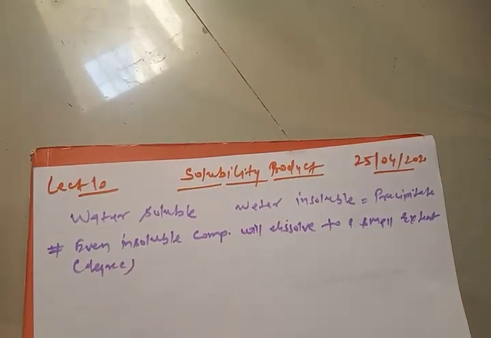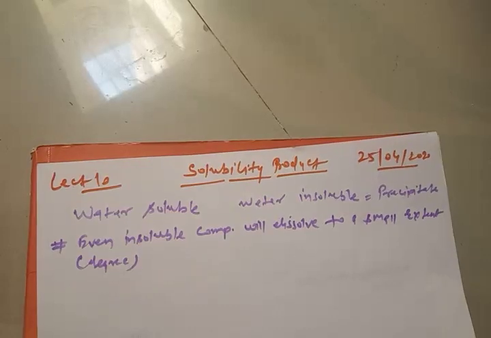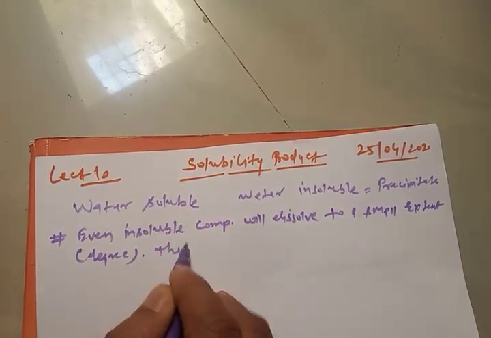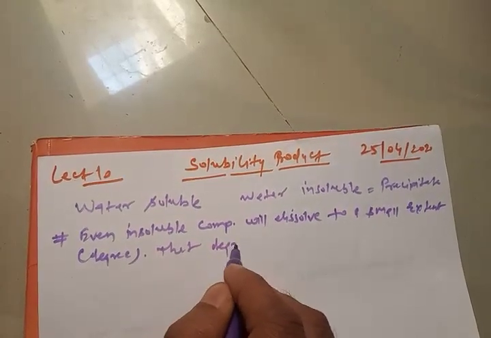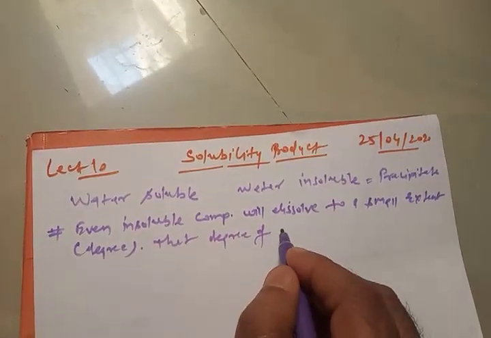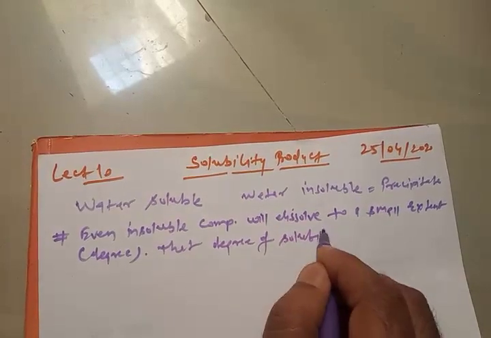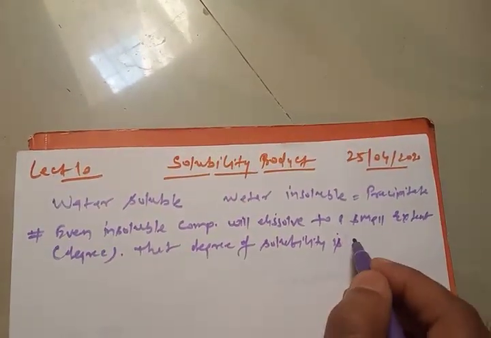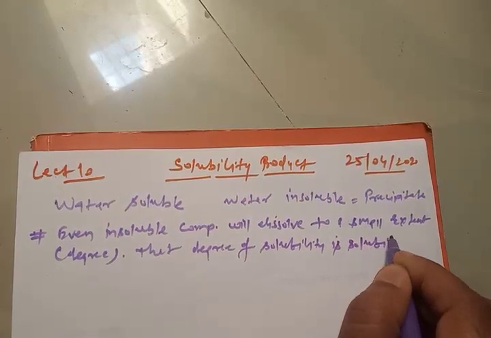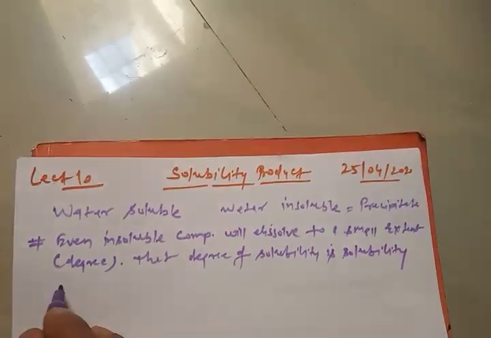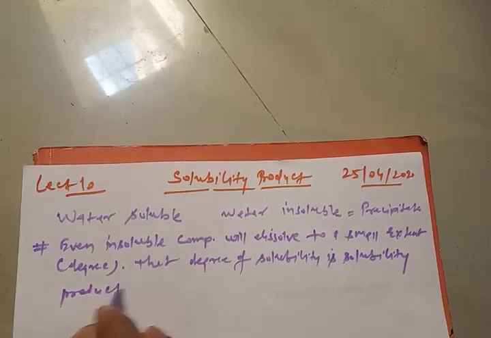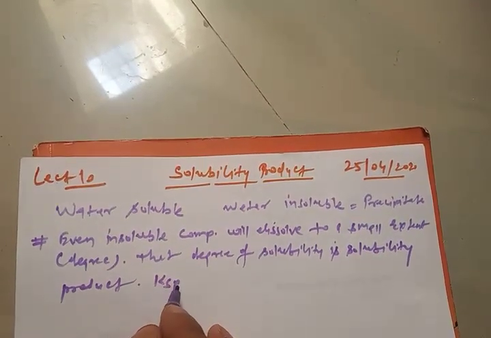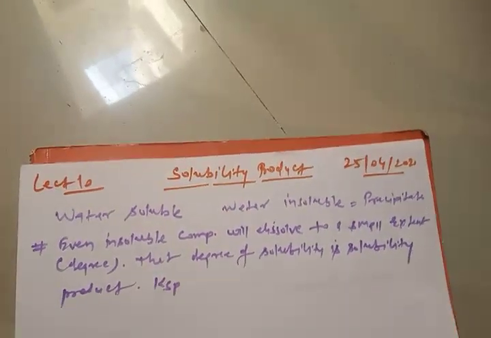That degree of solubility is actually your solubility product, represented by Ksp. This is called the solubility product constant.